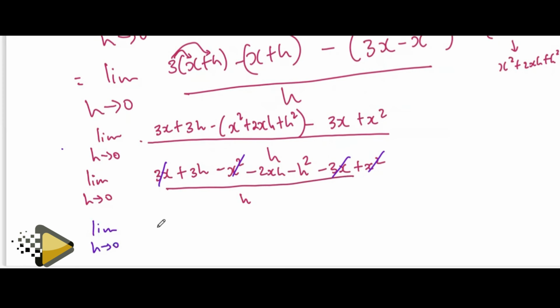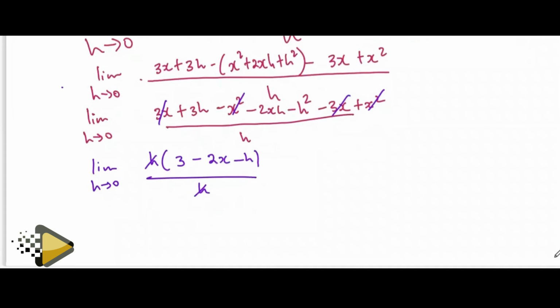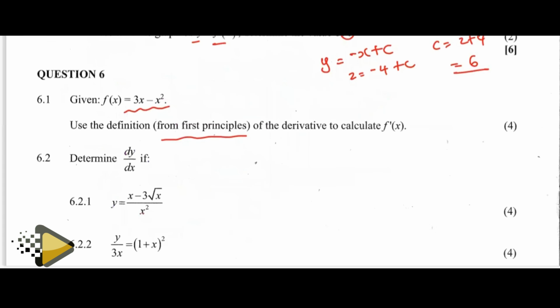So limit as h tends to 0, h becomes 3 minus 2x minus h over h. So this will cancel. But we know that the limit as h tends to 0, everything will reduce. We have 3 minus 2x minus h. So h is 0, which means we shall have 3 minus 2x. So that becomes our answer, our first derivative.